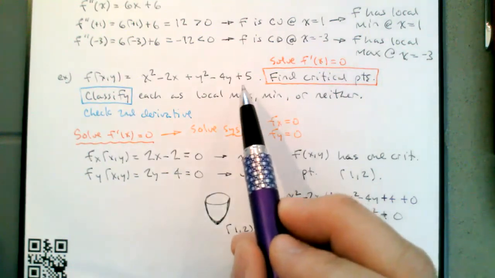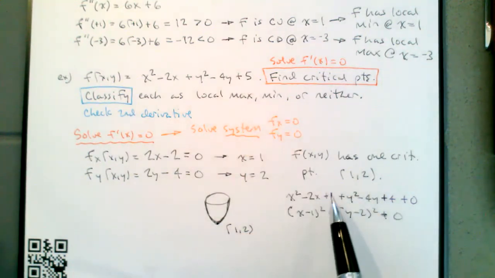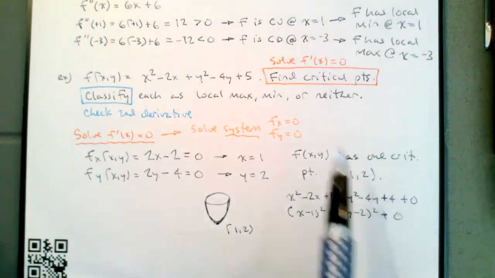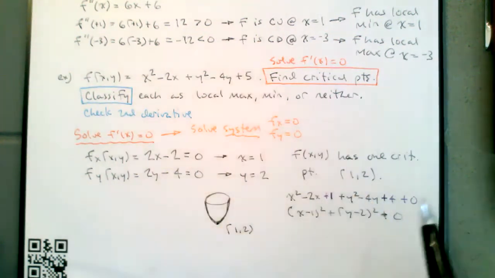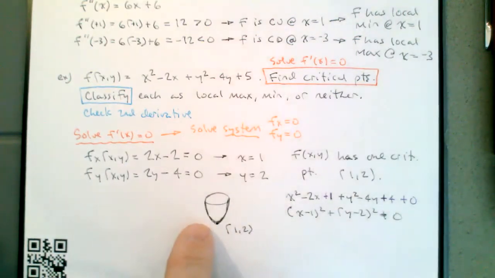And there was a plus 5, and the plus 5 is distributed with the plus 1 and the plus 4. If this had said plus 6, then I'd still have a plus 1 out here instead of a 0. And this whole paraboloid would be moved up 1 unit. But right now, the vertex is sitting on the xy plane, because after completing the square, we have plus 0 for a constant.